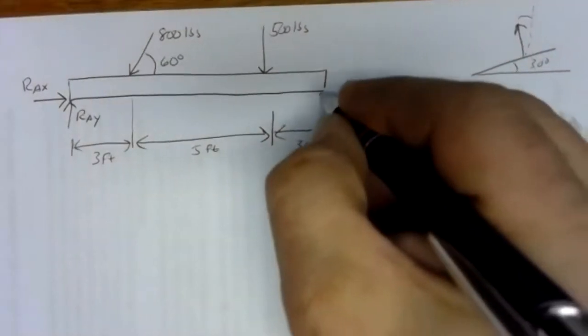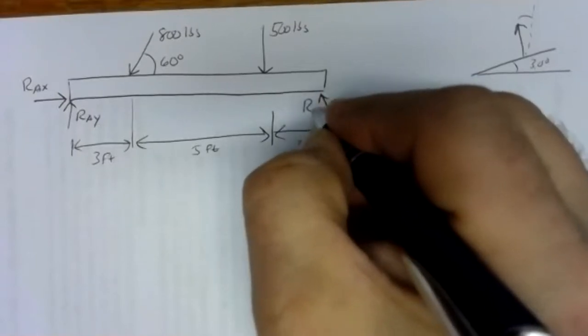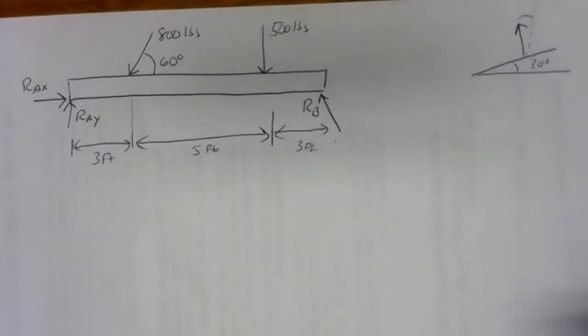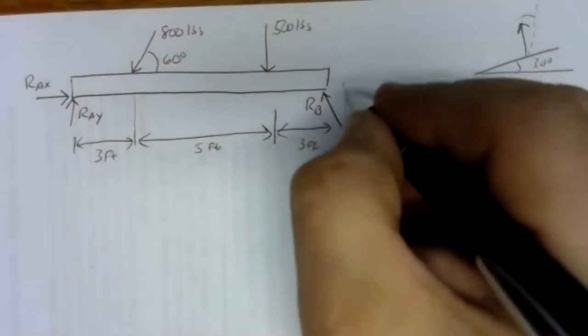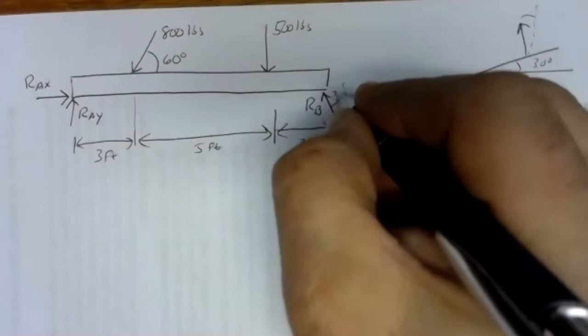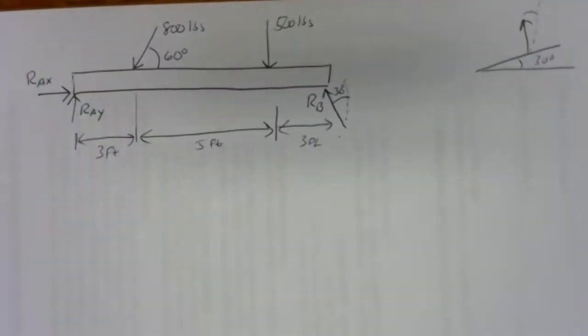So I've got my reaction at B, which I'll label over here, RB. I can't really call it RBX or RBY because I don't have it all in the x or all in the y direction. But I do know something about it. I know its direction. And I know it's going to be 30 degrees off of vertical.